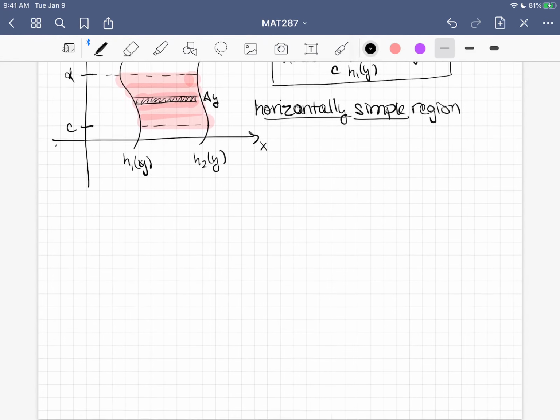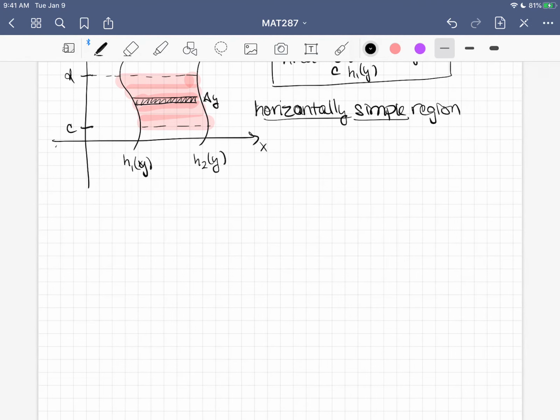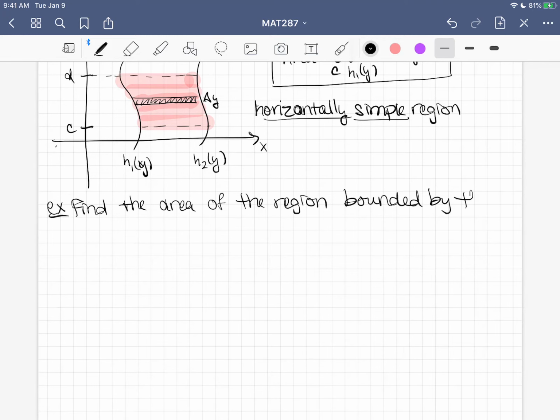All right, let's try actually doing an example. I want to find the area of the region bounded by the graphs of the equations y equals x to the 3/2 and y equals 2x.